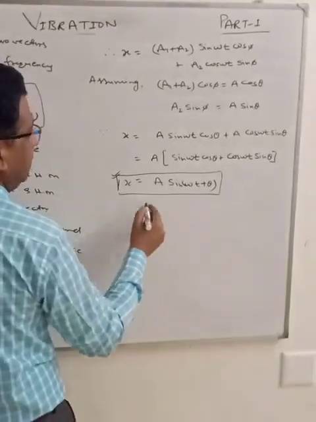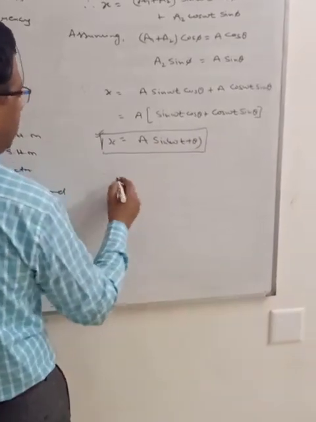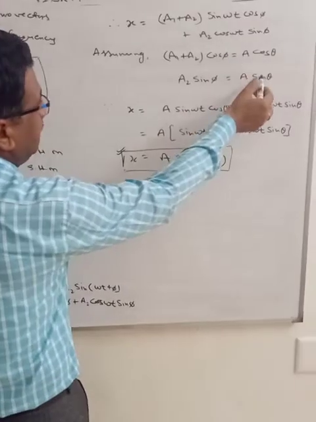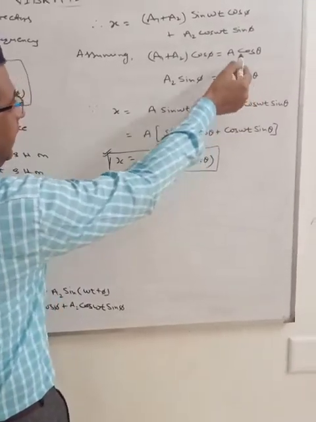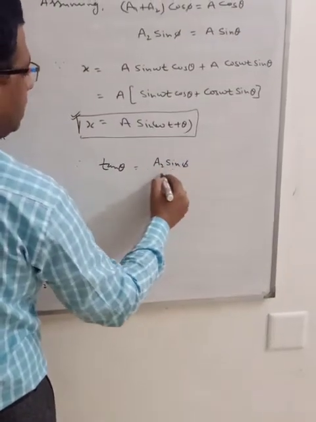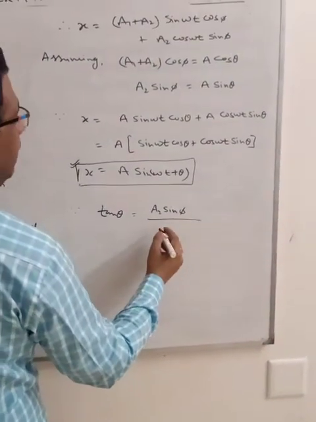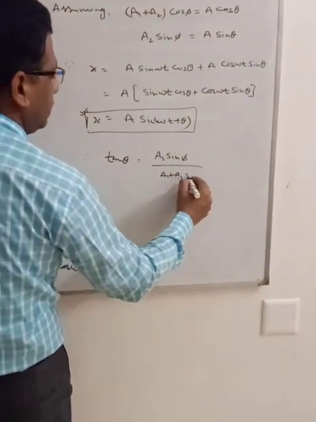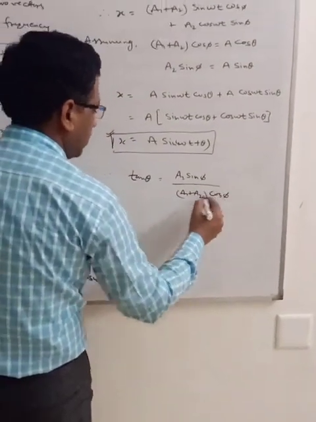We can also calculate this theta by using this divided by this. Tan theta is equal to a2 sin phi upon (a1 plus a2 cos phi).